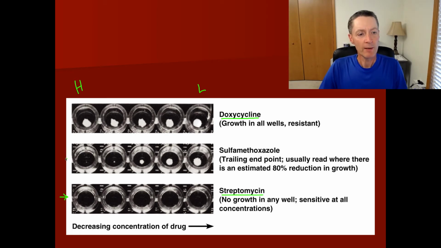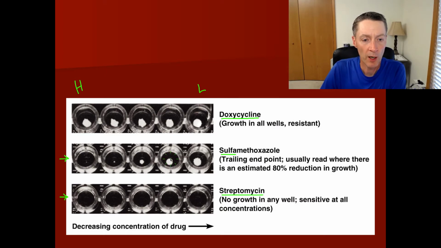But let's now look at this middle one, okay? This is a sulfa drug, and you probably could have guessed that because sulfa is in the name, right? So this particular sulfa drug has high concentrations over here, lower concentrations as we go across. And way over on the right here, I see growth. Visible, just naked eye, I can spot the growth.